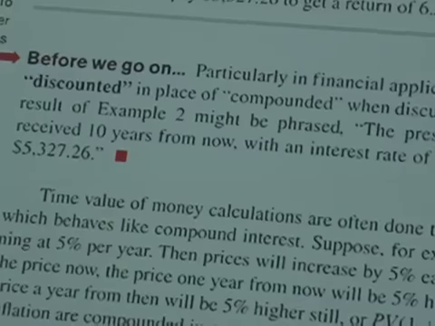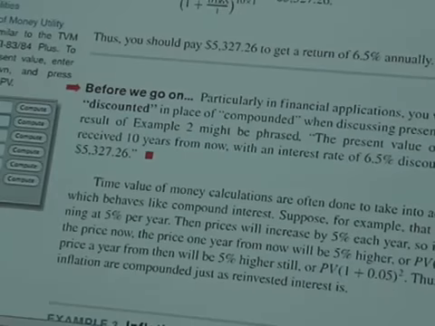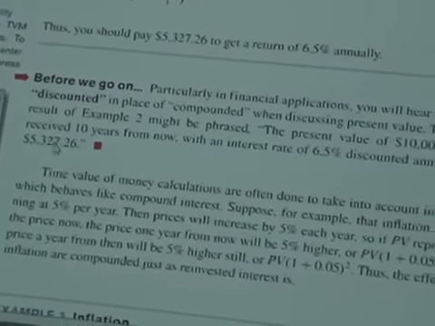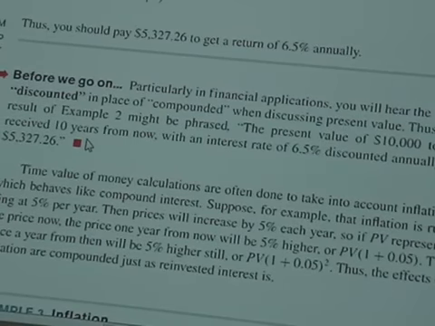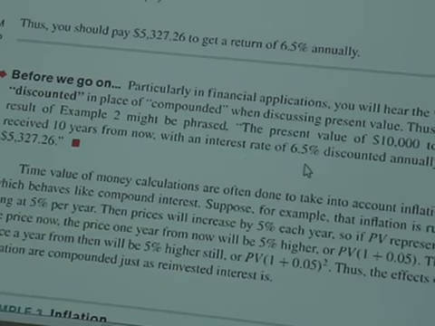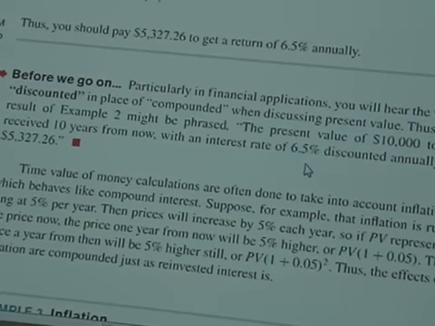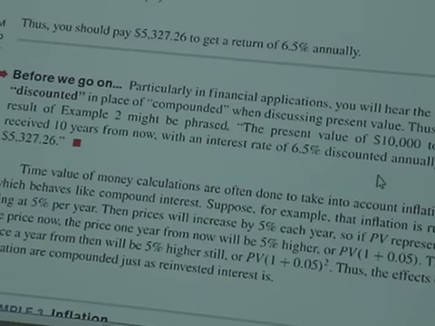The present value of $10,000 to be received 10 years from now, well, that's already what we said, with an interest rate of 6.5% discounted annually. Okay, I guess I can make some sense out of that.